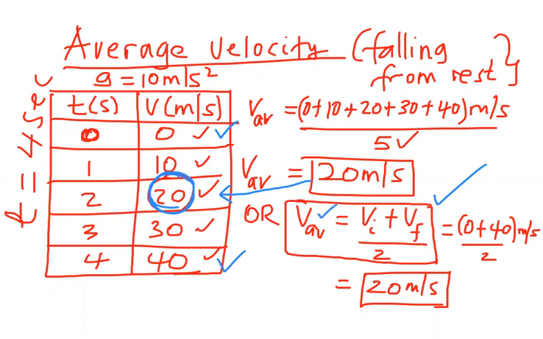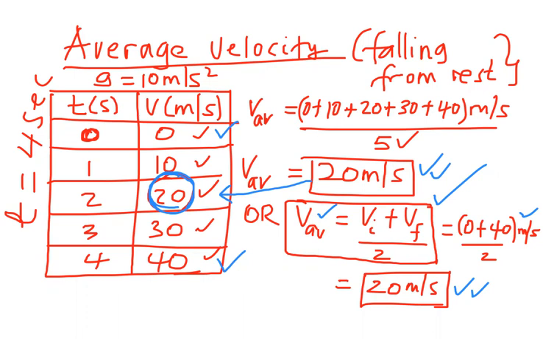So 0 plus 40, divide by 2, you get 20 meters per second, just like what you got here. So these are the same, because it's a different way of finding the average velocity. This is only applicable when you have constant acceleration, like free fall acceleration. We can make these conclusions for a specific case of objects falling freely.